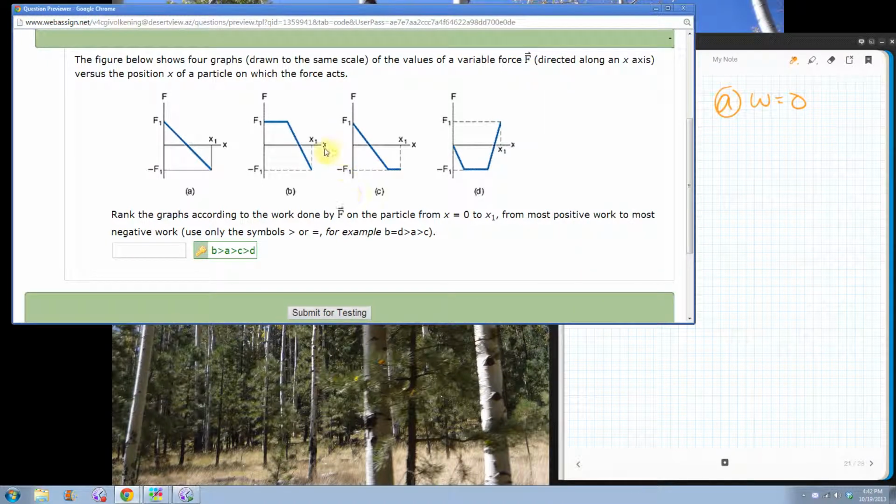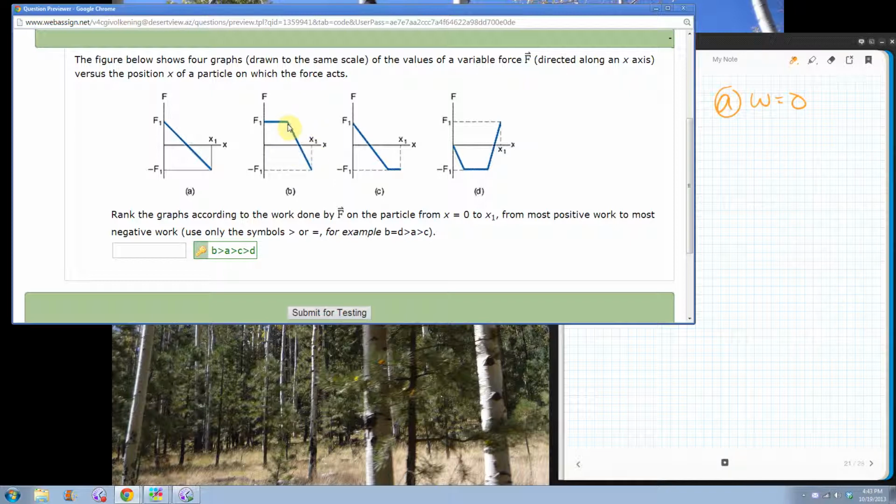For this one, you've got a rectangle and then a triangle, and that triangle is the same area as this triangle. So right here and right here would cancel each other out.